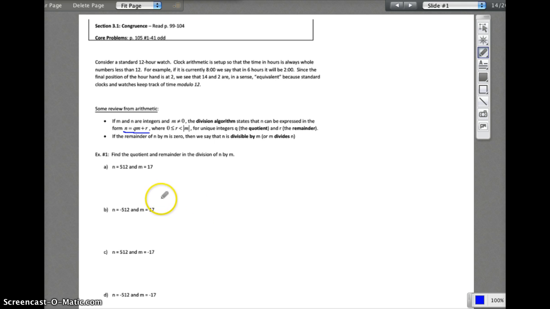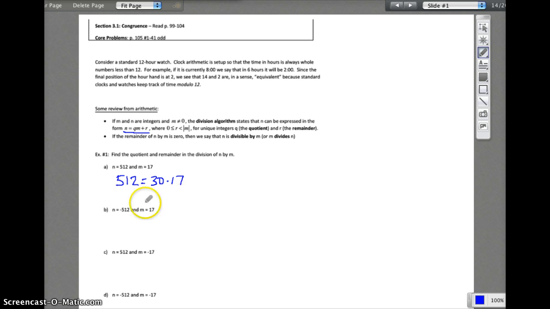So for example, 512 for n, and m is equal to 17. On your calculator, take 512, divide by 17, and see what the whole number part is. You'll see that you have 30 point something on your calculator screen. So what this means is 512, the quotient is equal to 30, when we divide by 17, but there's some kind of remainder.